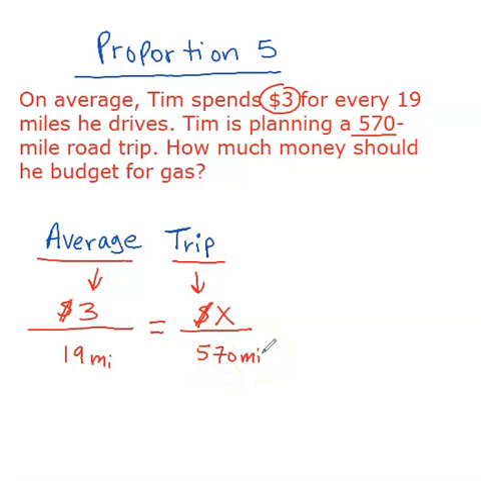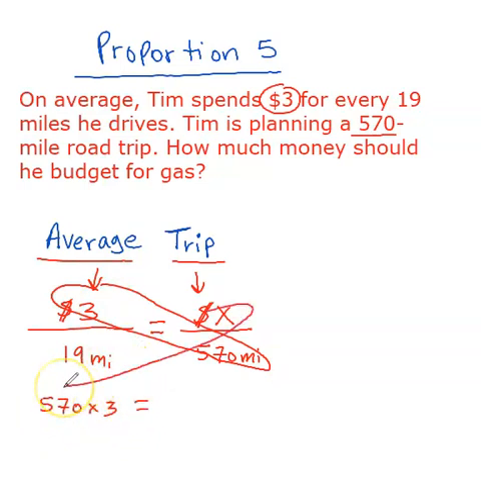Now we just solve it like we did any other proportion before. So we do 3 times 570, like this. 570 times 3 is equal to 19 times x, 19 miles times x. So that's step 1.